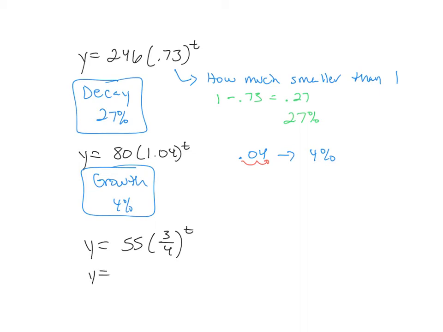Okay, so if you don't know those, just do 3 divided by 4. Like type it into a calculator. Do the top number divided by the bottom number, and you'll get 0.75. Okay, so that's smaller than 1. Decay. And so if you did 1 minus 0.75, you get 0.25, which is 25%.